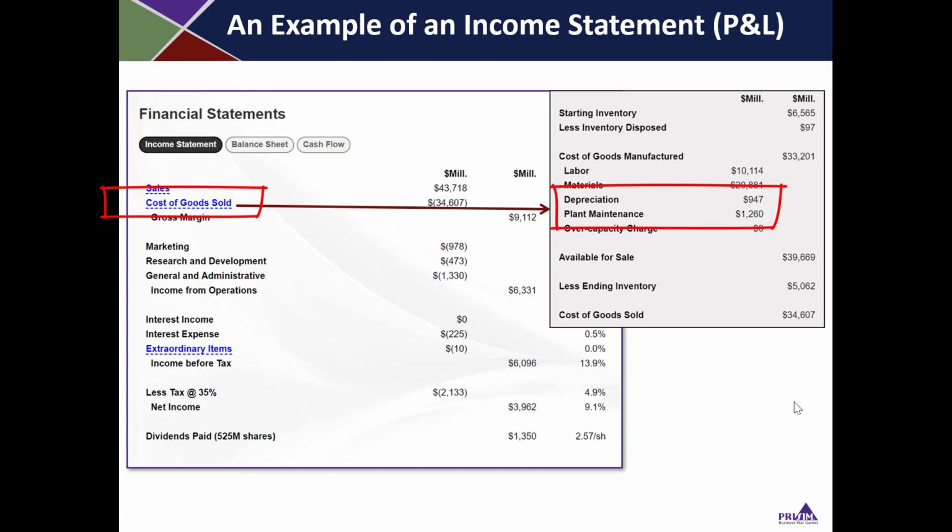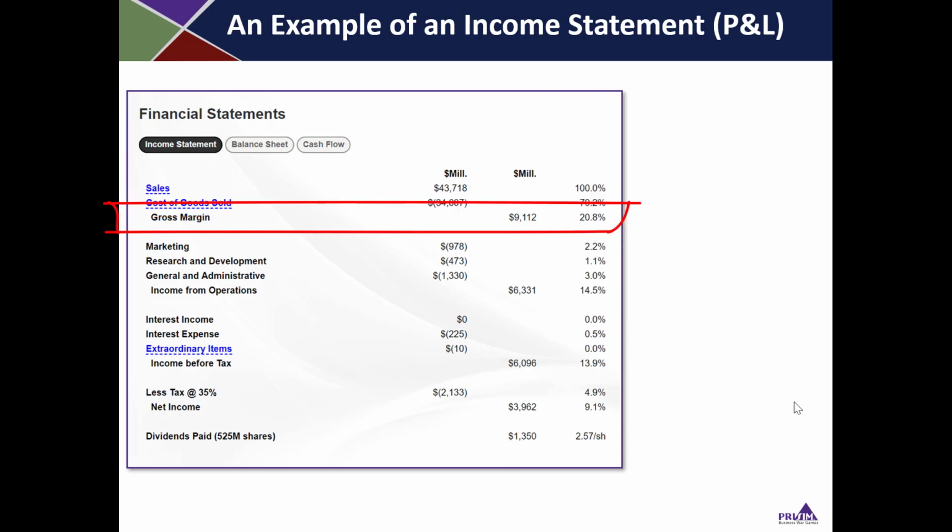Those assets are expensed over time, not all at once, as they are used, and their cost is matched broadly to the revenue earned in that period. And that makes sense. You wouldn't want to hit your income statement all at once with the cost of a new $10 million plant that you're going to use over 10 or 20 years. You'd expense it slowly over time as you generate revenue from the things you're producing in that plant.